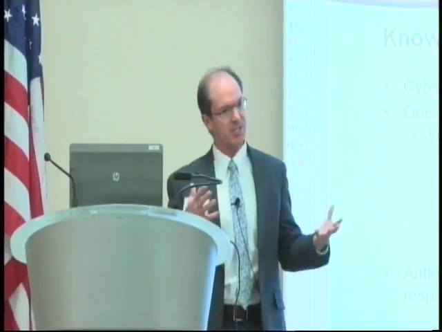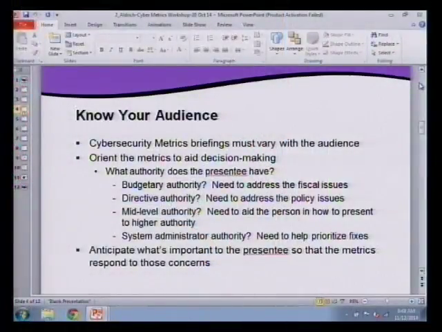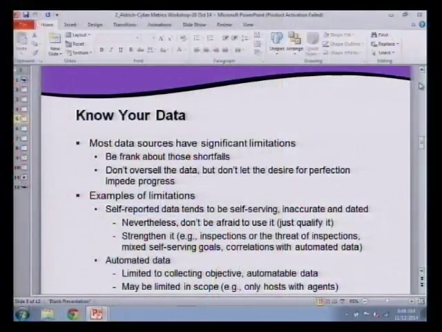Mid-level authority, obviously it's going to be a little bit of a mix there. System administrators, you need to tell them what exact vulnerability needs to be fixed and how they need to do it. So again, know your audience and anticipate what's important so that you can respond to those concerns during your briefing.